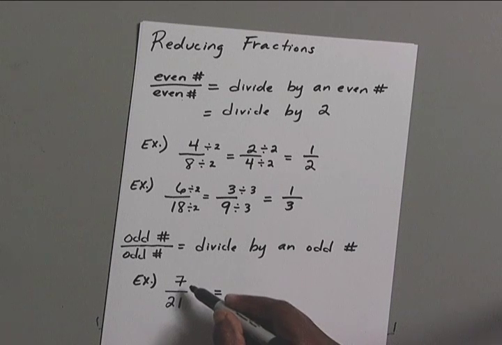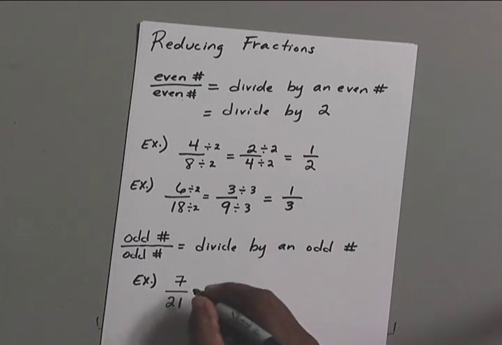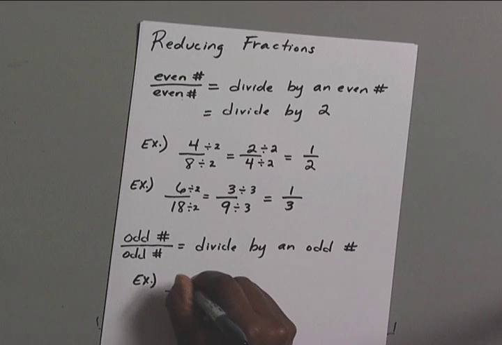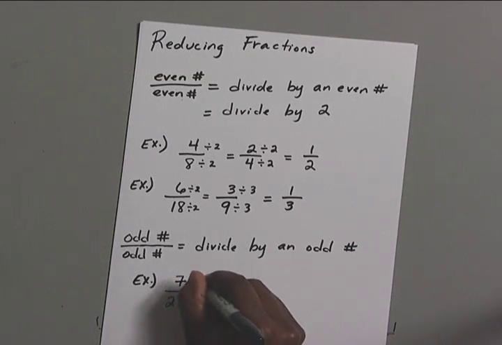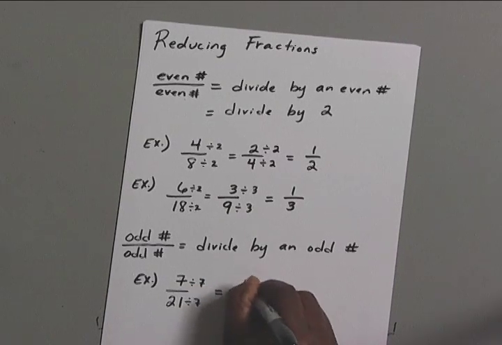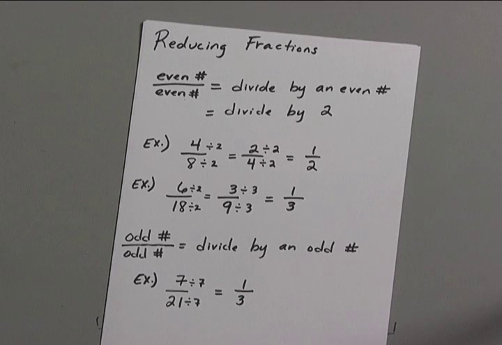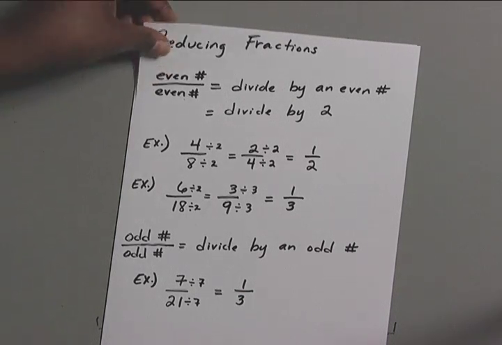We know 3 does not go into 7 evenly, but it does go into 21. 5 also does not work. So the next odd number we would divide by would be 7. And so we know that 7 goes into itself 1 time, and 7 goes into 21 3 times. So that is dividing an odd number by an odd number.